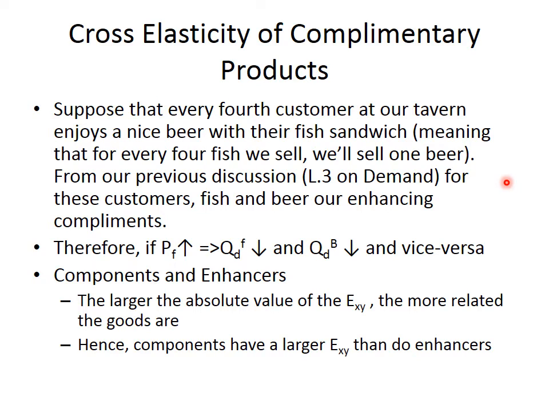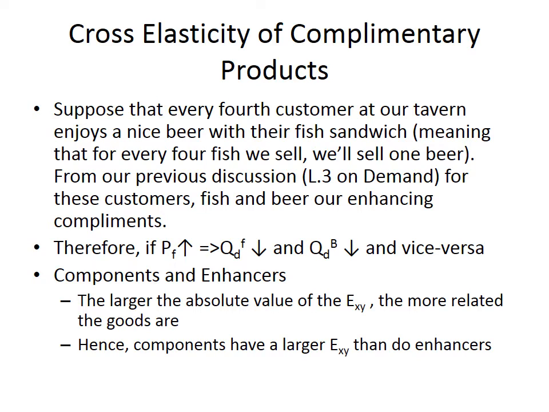Now, components and enhancers, let's think this through so that we're all on the same page. You're going to have a larger absolute value of that cross-elasticity coefficient if it's a component. The more related the goods are, the larger that number is going to be. Why? Let's think about what that number means. It means the sensitivity of demand for one product based on the price increase of another product.